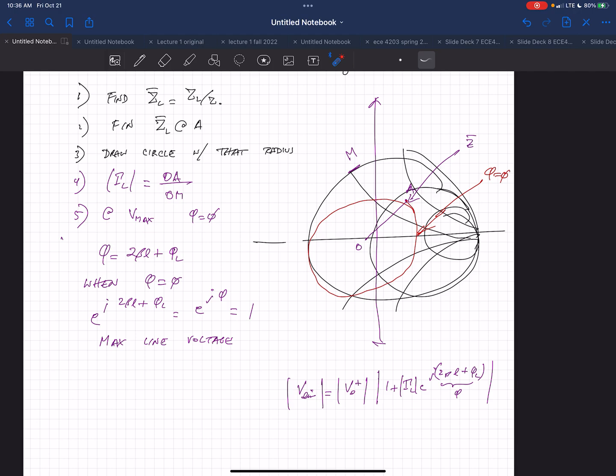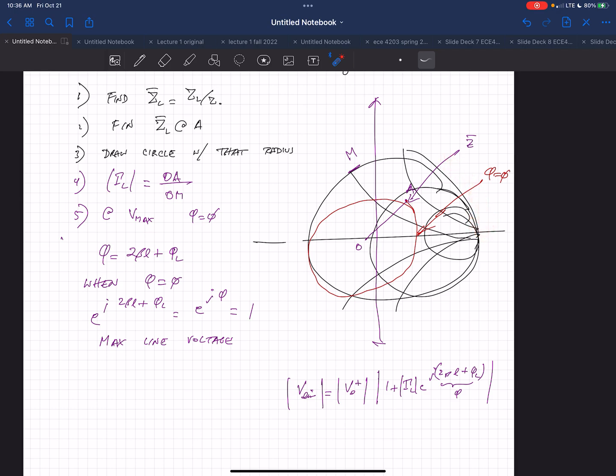You want to figure out how much you traveled away from the load before you get to this axis to get the maximum value. So you draw this line to the wavelengths toward generator scale on the outside, and then figure out how much you have to move to get here, and that ends up being the location of the first voltage maximum.